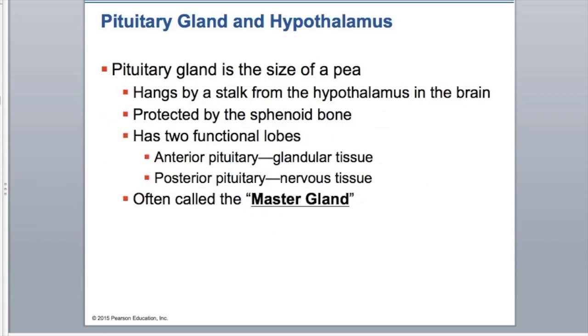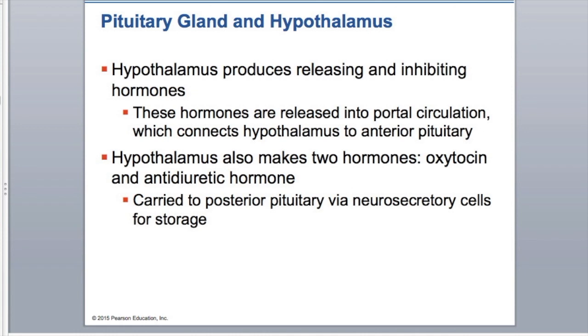Going back up, here we go. So it hangs, and you've got the hypothalamus that produces releasing hormones and inhibiting hormones. These hormones are then released into a portal circulation which connects directly to the anterior pituitary. It is specific to those two endocrine organs. The hypothalamus also itself makes two hormones. Those hormones are oxytocin, which is involved in childbirth, and antidiuretic hormone, which controls the kidneys.